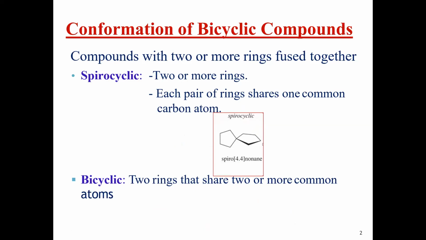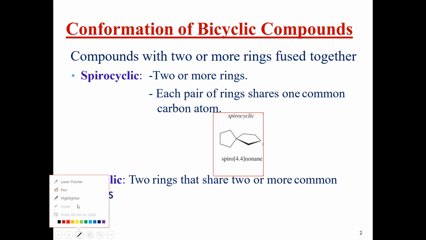ह्या ठिकाणी जे बायसायक्लिक कंपाऊंड आहे ते काय, the compound with 2 or more rings fused together is classified into two categories: spirocyclic compound and bicyclic compound. In a spirocyclic compound, there are 2 or more rings, and each pair of rings shares a common carbon atom.